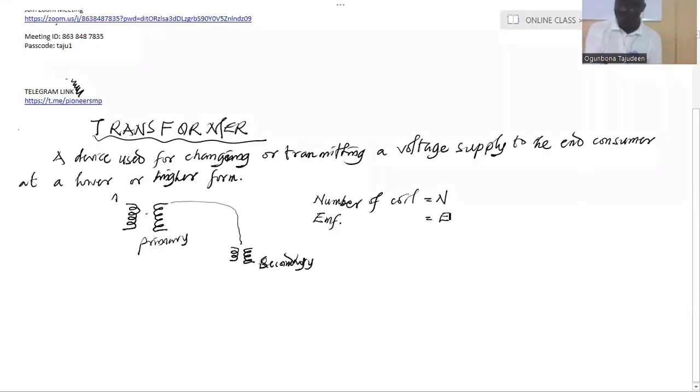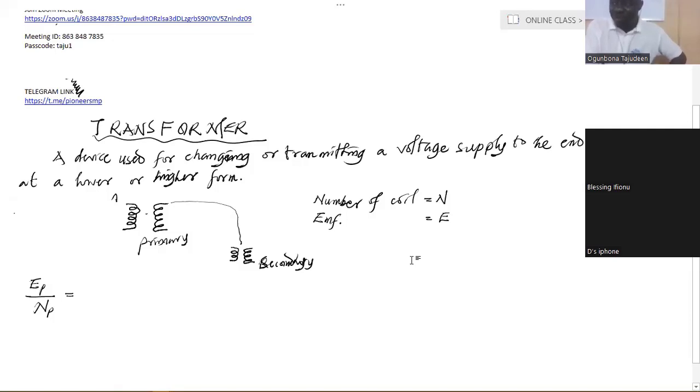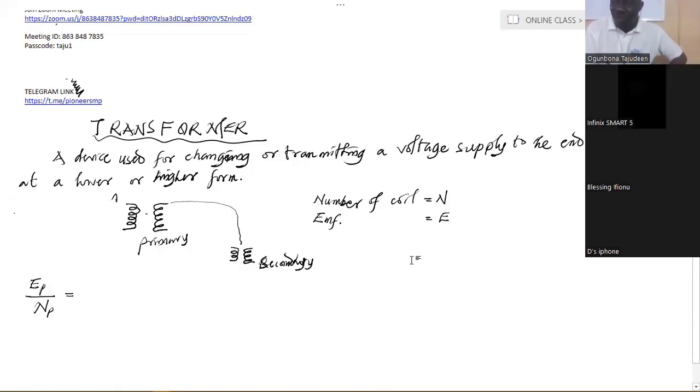The only formula available here is to say that the EMF of primary over number of primary coils equals the EMF of secondary over the number of coils in secondary.